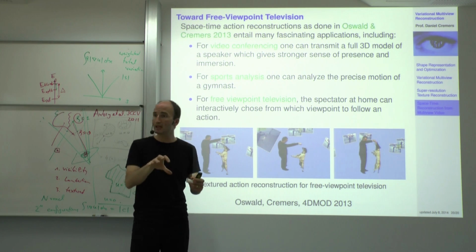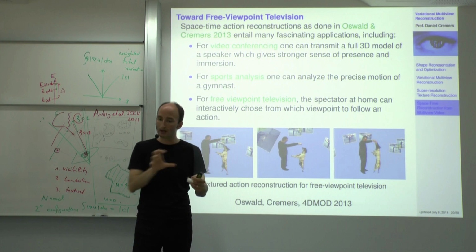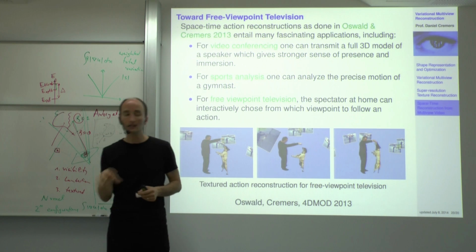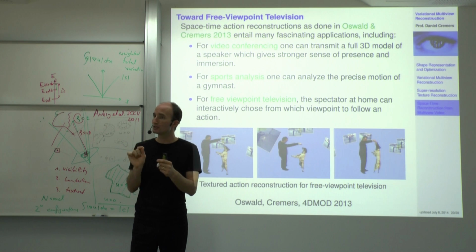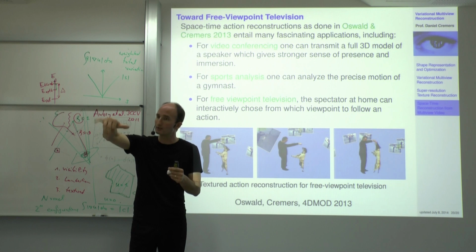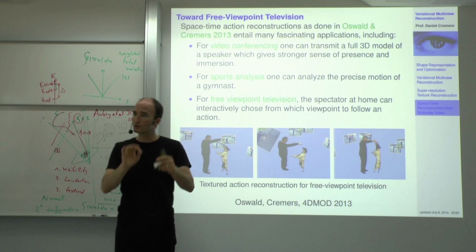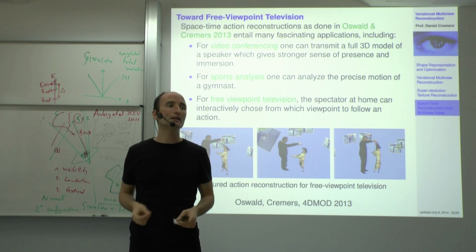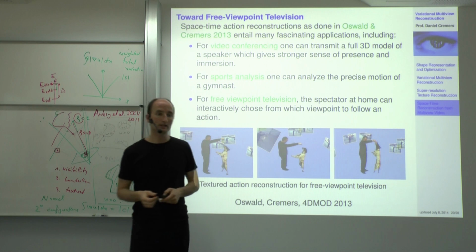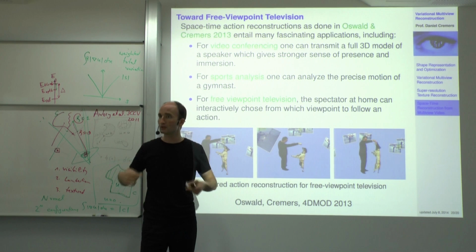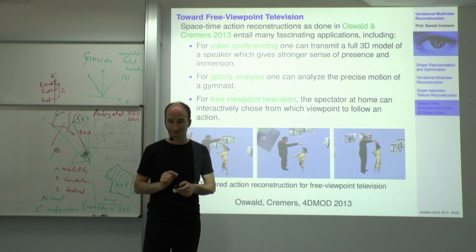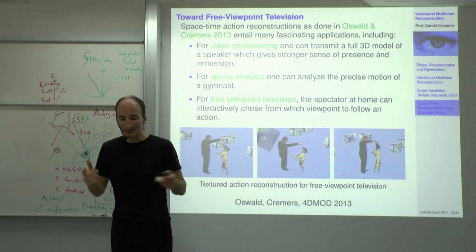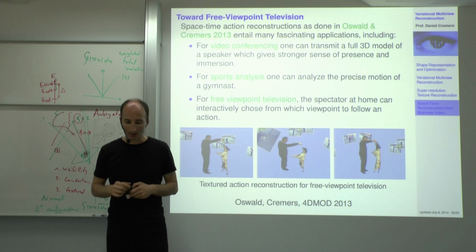You can stop the action, you can freeze it, you can rewind it, you can loop around, you can freely choose your viewpoint and study each detailed motion and say, well, this foot has to be moved a little higher. So you can really get into very, very fine details. And this can help to give athletes very precise feedback about what they're doing right, what they could do better. Or for dancing, etc. There are many applications.